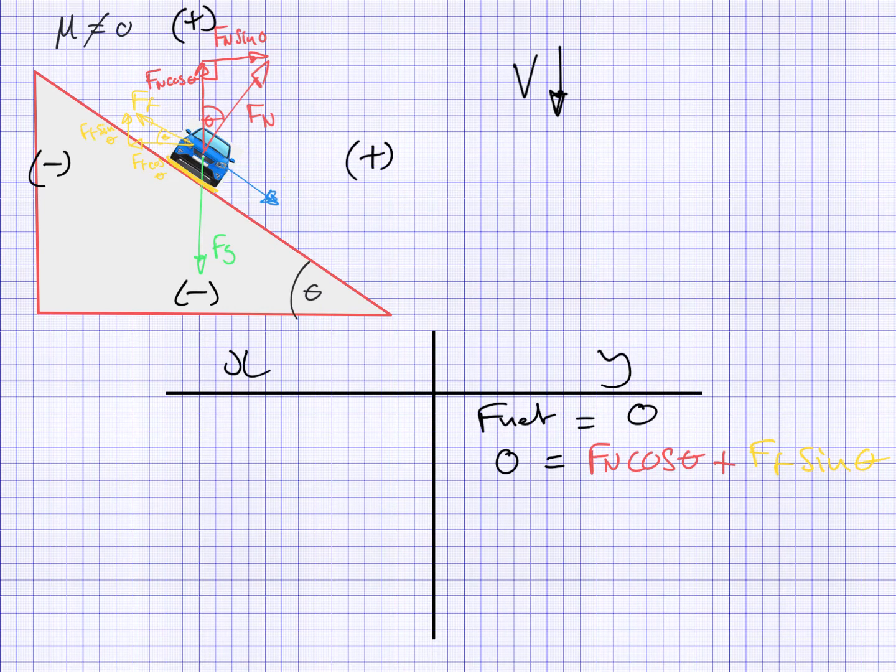Now, this is important because we have arbitrarily chosen to have our speed be low, meaning that the force of friction is up. If this speed was high, then the car would have this tendency to go up the ramp. That means the force of friction would be going down the ramp, and therefore the force of friction would be pointing to the negative.